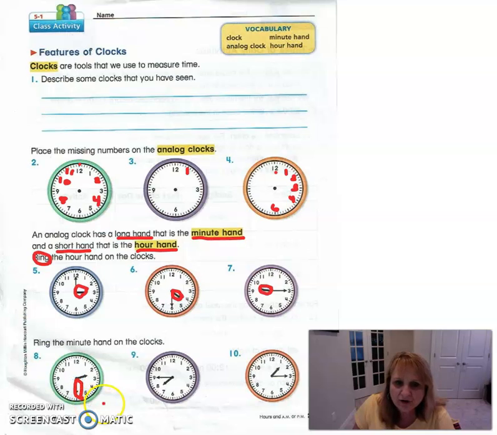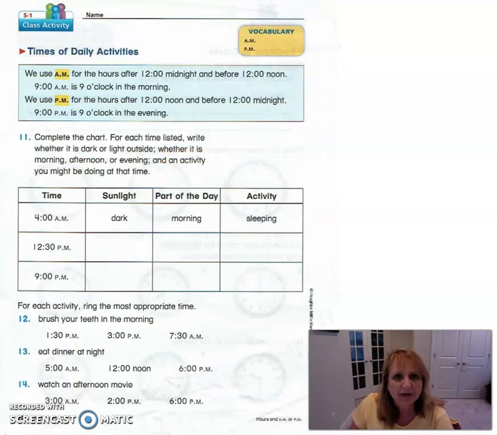So go ahead and draw a circle around the minute hand on 8, 9, and 10. And let's check those. Again, if I'm moving too fast, you can pause the video while you catch up. All right, I think we're ready to go on to the back of that page.